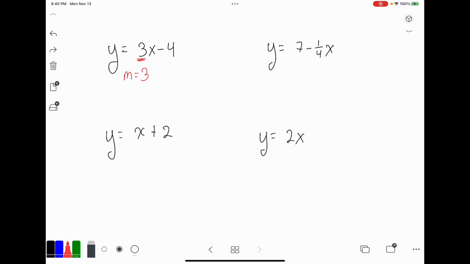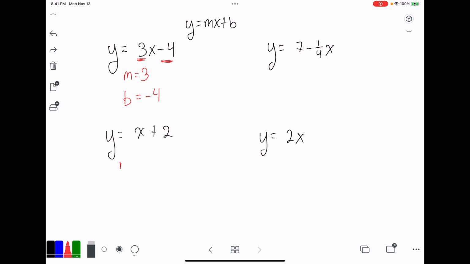Now, if you recall from the original equation, the y-intercept is the number that's being added to the x term. But here instead we have a subtraction. Well, remember, subtraction really is just adding a negative. So in this case, the y-intercept will be negative 4.